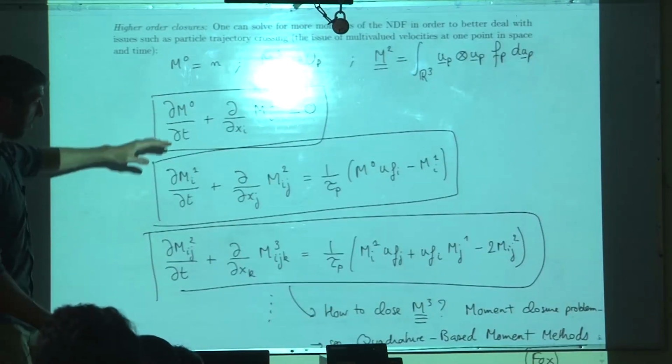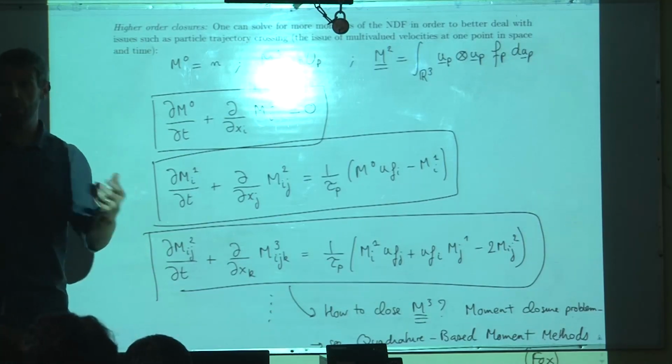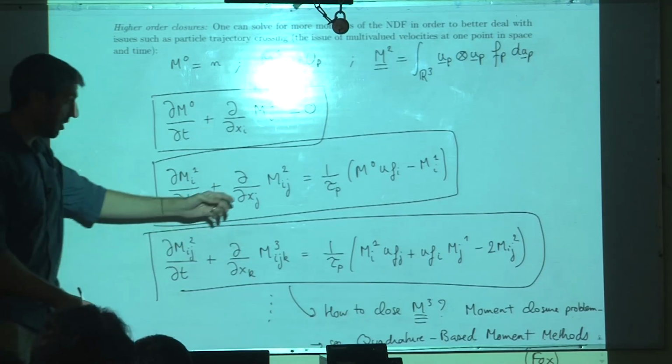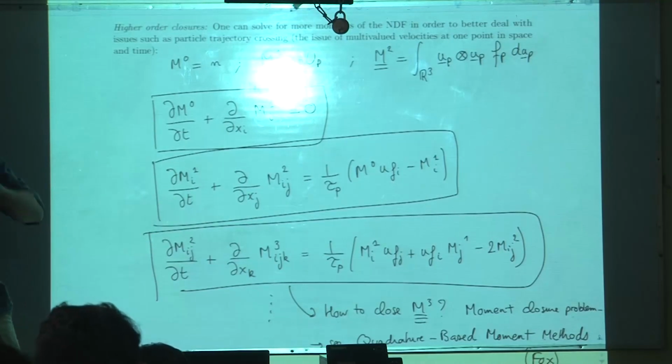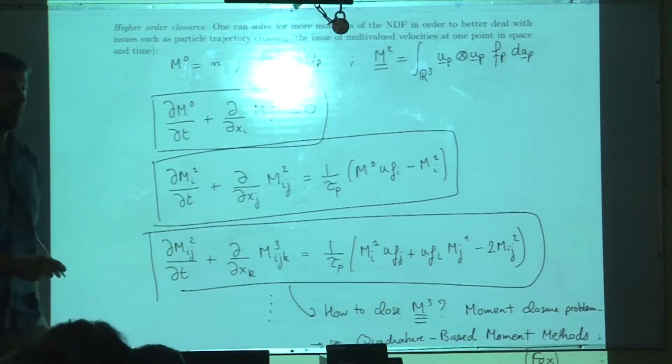So if you solve for this, this, and this, now you have some allowance for particles to cross one another. Why? Because now you're basically allowing for particle velocity variance to exist. So at a given point, you have a distribution of velocity that is non-zero. And so the more you push your closure to high order, the better you're going to be.